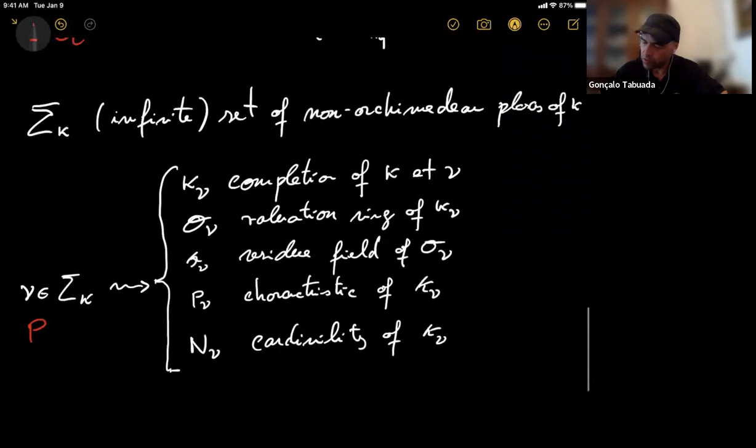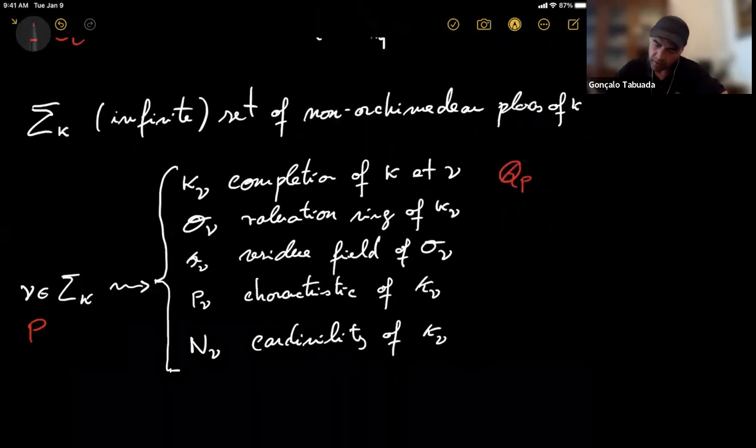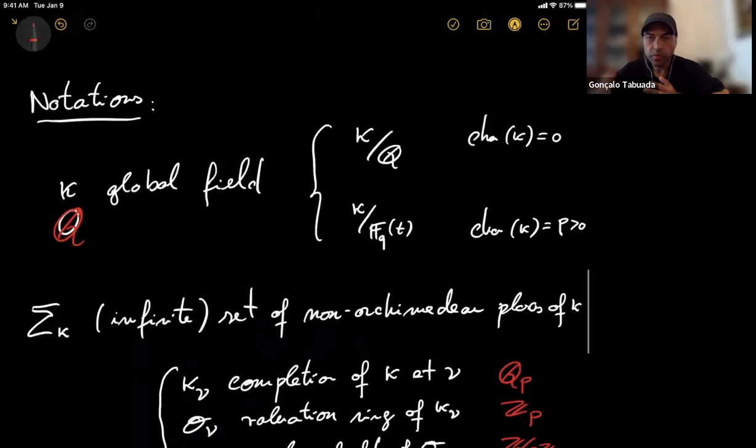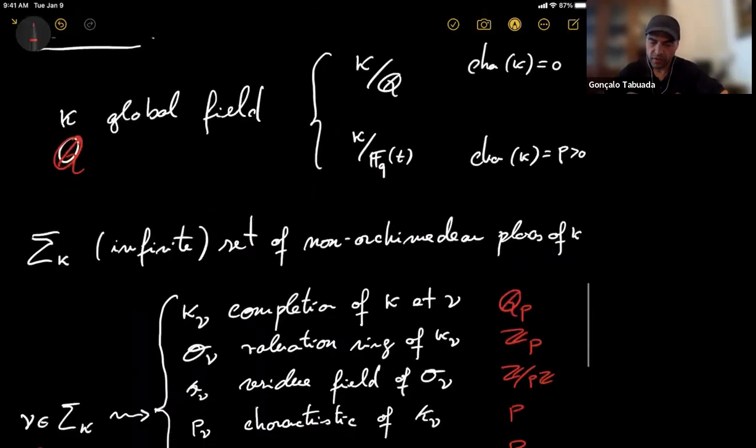The completion of Q would correspond to the p-adic numbers. The evaluation ring would be the p-adic integers. The residue field would be the quotient of Z by pZ. In this case, the characteristic is p, and the cardinality is also p. In the other cases, it will be slightly more complicated.